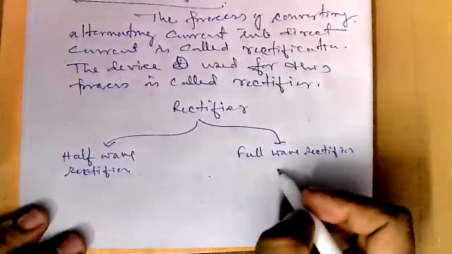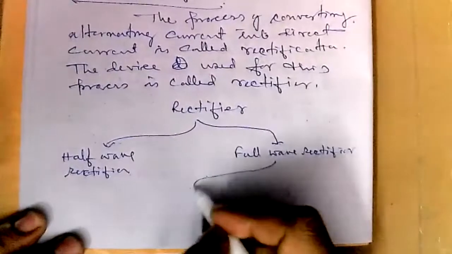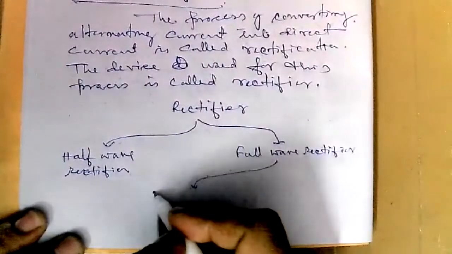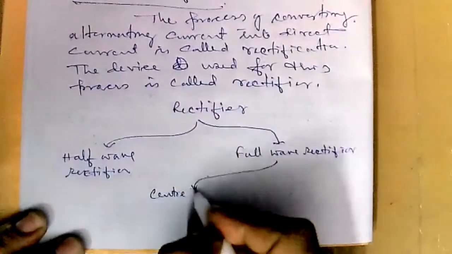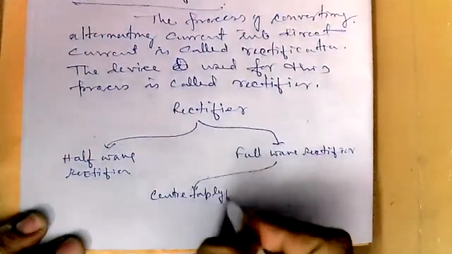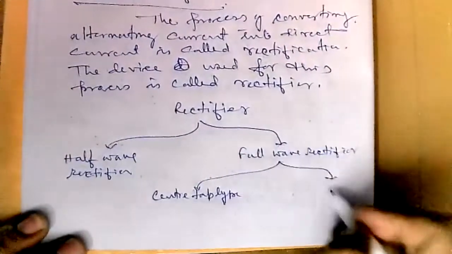Now this full wave rectifier is of two kinds. One is center tap type, other is bridge type.